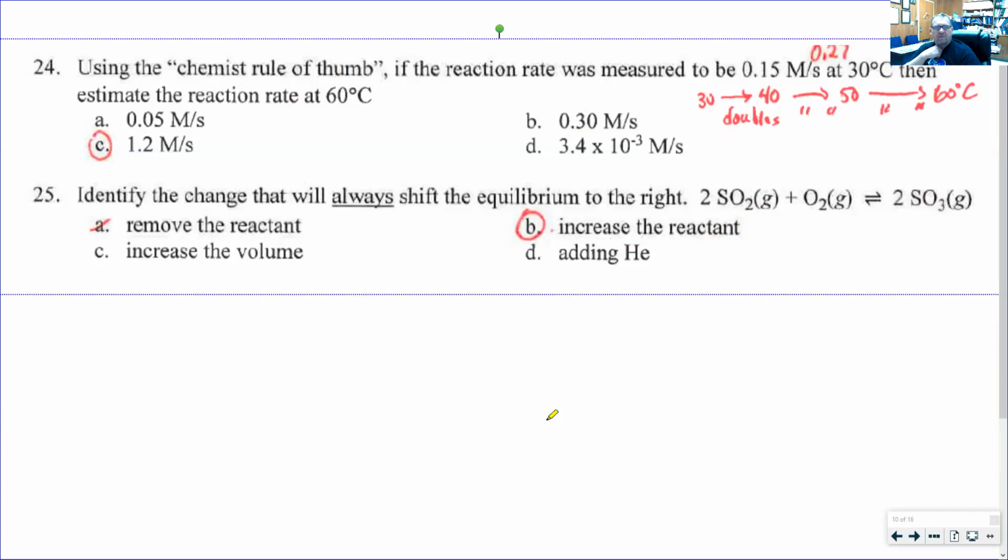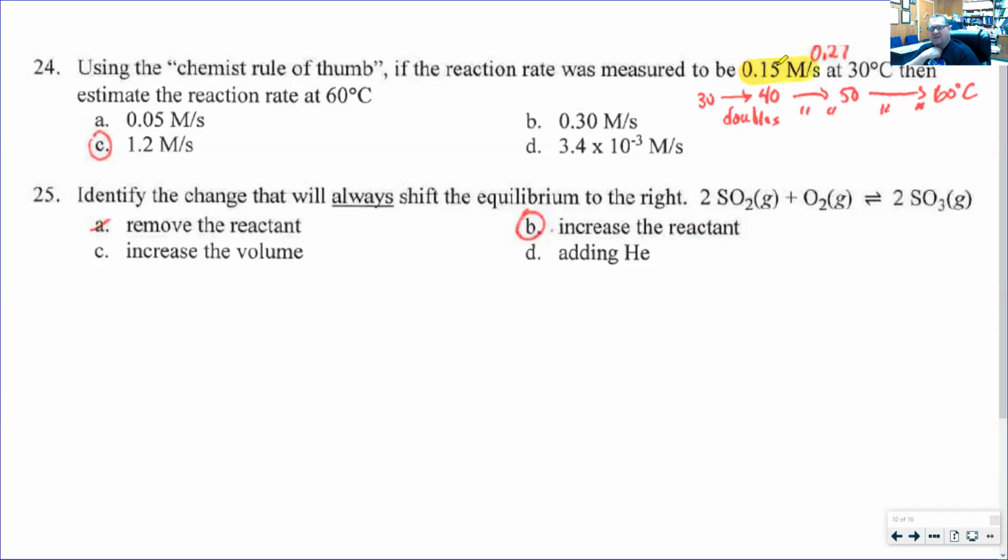All right, so we just got 2 more of the multiple choice. So if we use the chemist rule of thumb, this is one I promised you would be on the exam. At 30 degrees, if it has a rate of 0.15, I want to know what it would be at 60 degrees. The chemist rule of thumb is that every 10 degrees it doubles. So from 30 to 40, it doubles. From 40 to 50, it doubles. From 50 to 60, it doubles.